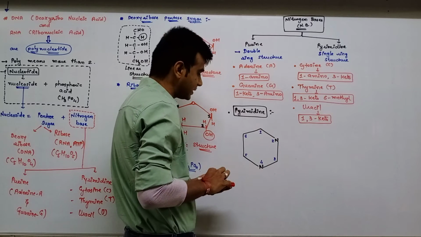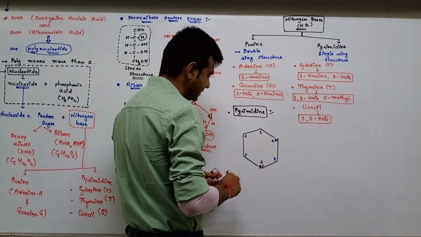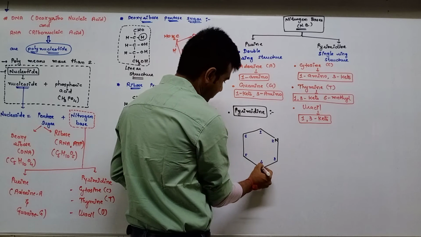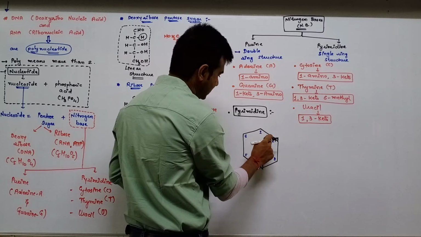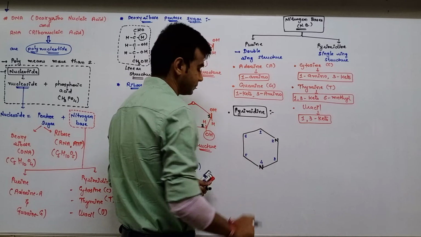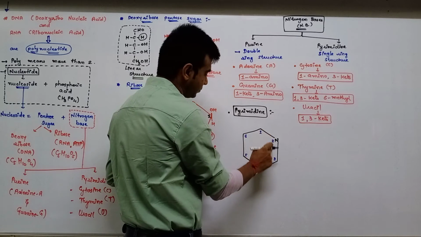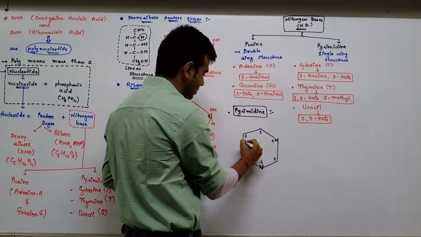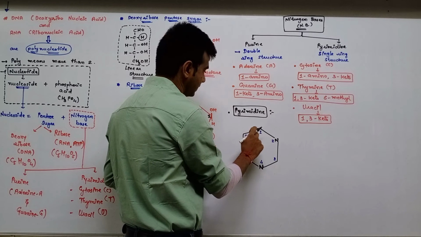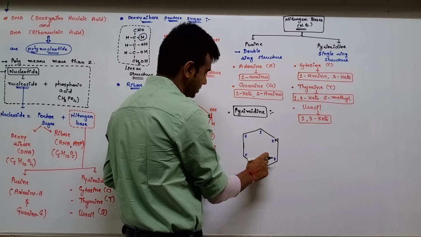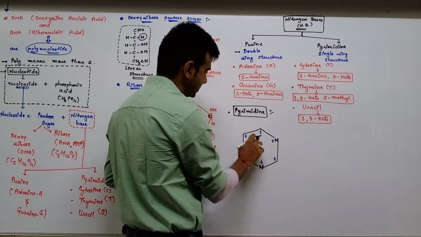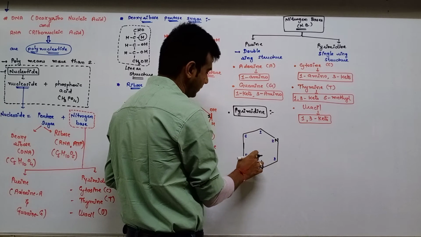Okay, as you know that when you draw the benzene, alternate double bonds are there, either between 1 2, 3 4 and 5 6, or 1 6, 2 3 and 4 5.